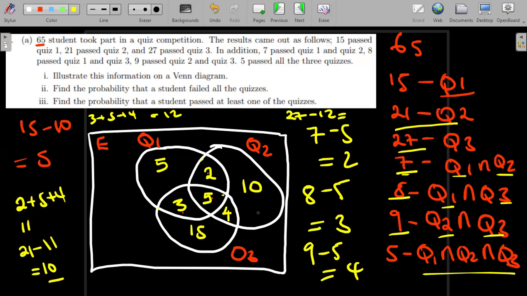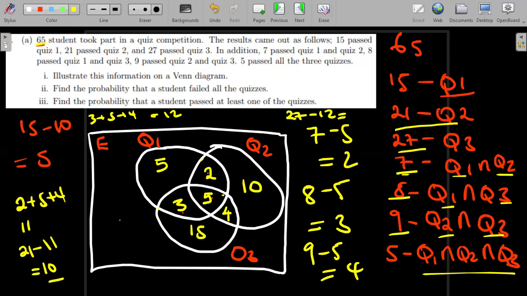3 only. Okay, so now we go on and check if there are people that did not manage to pass any of the 3 quizzes. If they didn't manage to pass any of the 3 quizzes, meaning they have to be there in the universal set. So we'll add all these numbers here, then we'll subtract from the total of people that took part, which is 65.